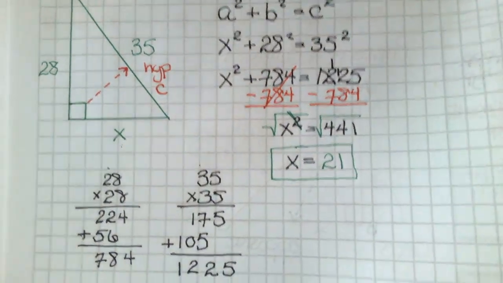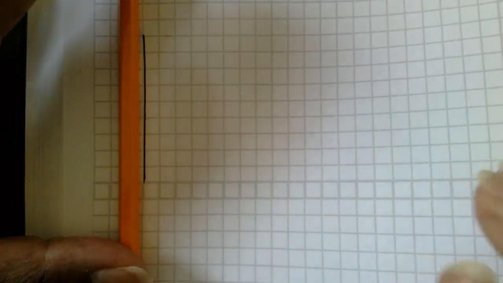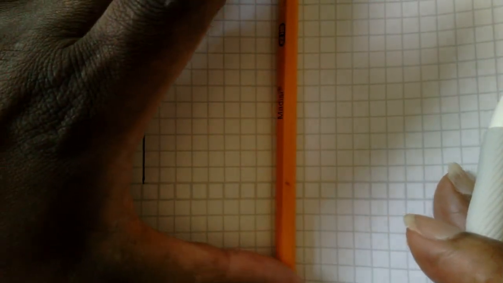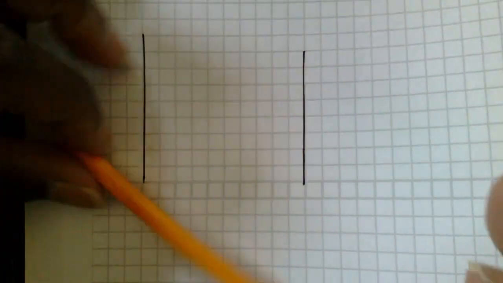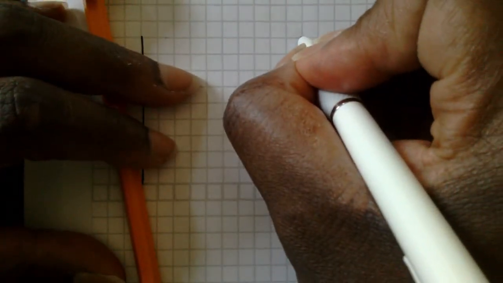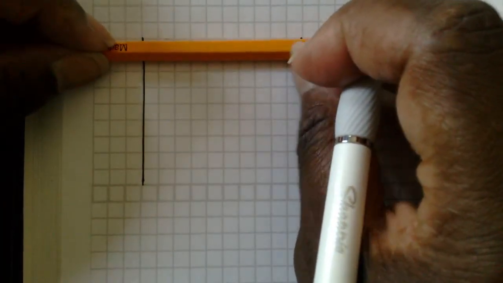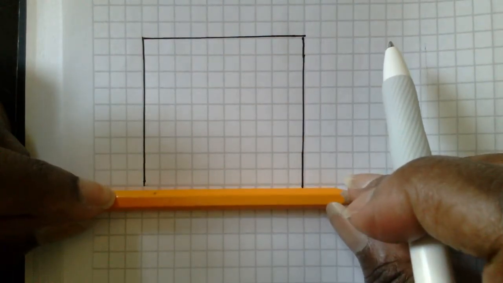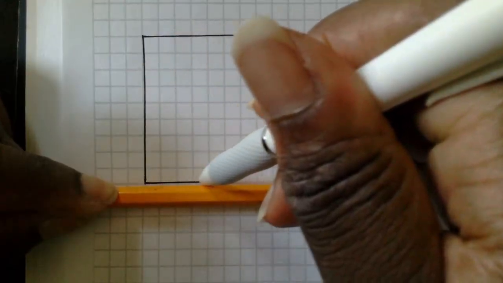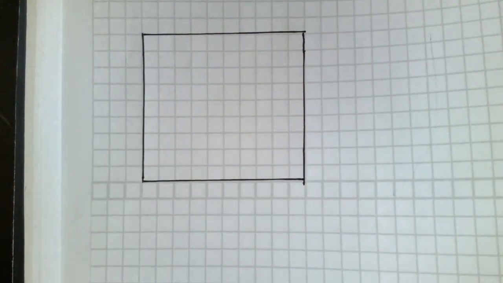Now, let me throw one more question at you. And they always love to do this on the test. They always like to do the TV screen. To say you have like a TV screen. So they'll say, the dimensions of a TV screen is blank and blank, and they want you to find the length of the screen itself.